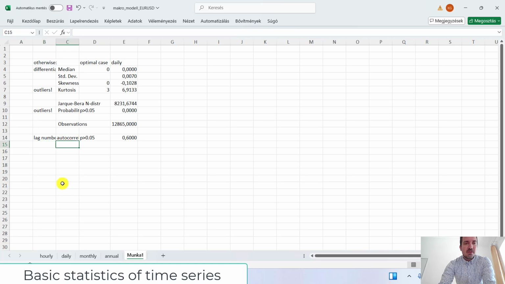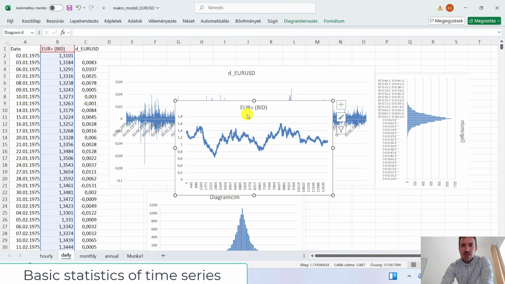The other phenomenon is heteroscedasticity. It is much better to show you.